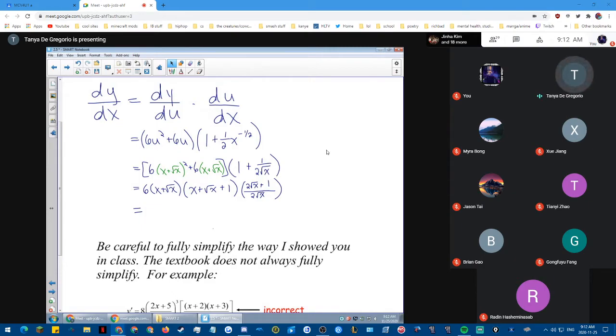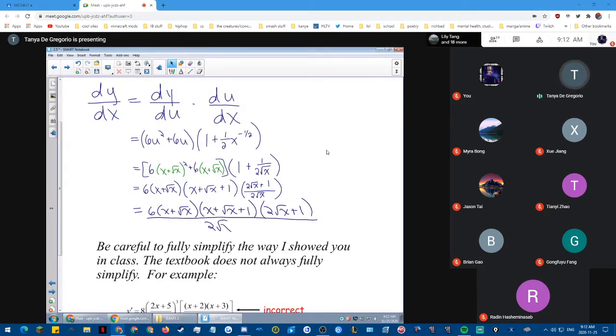The problem here is that 2 root x in the denominator. I want to bring that over my entire function. You're going to have 3 factors in the numerator. Because it's multiplication, right?